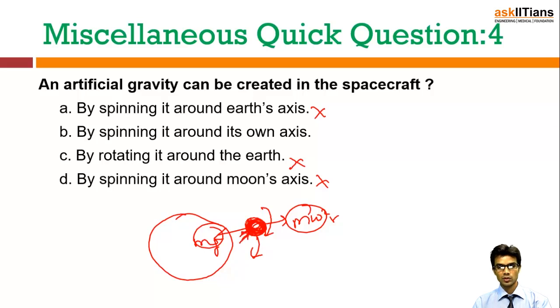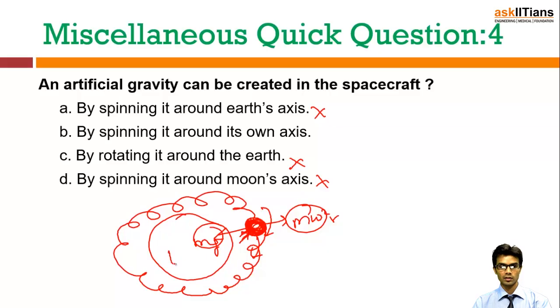There is gravity due to the rotation or spinning around its own axis. It is spinning, not rotating around the Earth. So this is the answer.